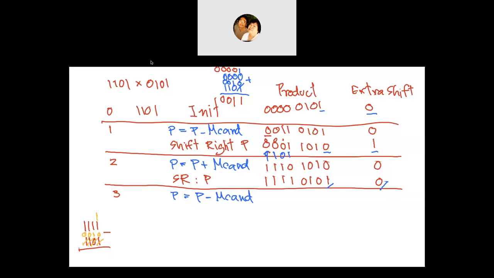And I just change to add. 1, 1, 0, I get 0. 1, 1, 1, I get 1 and 1. 1, 1, 0, I get 0. 1, 1, 0, again I get 0. So the result is like this. 0, 0, 1, 0, and then 0, 1, 0, 1, and then 0.